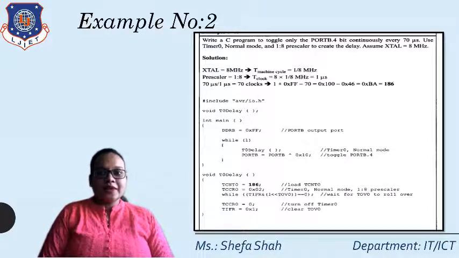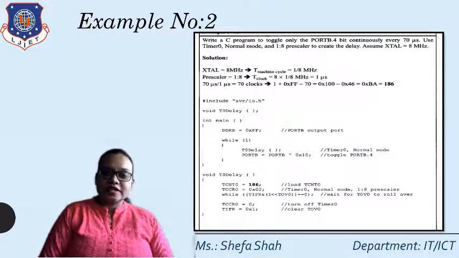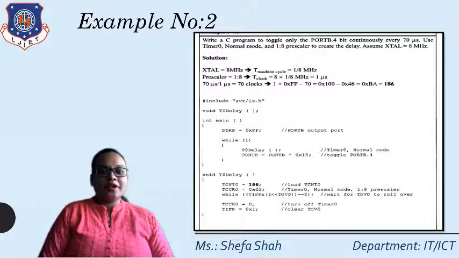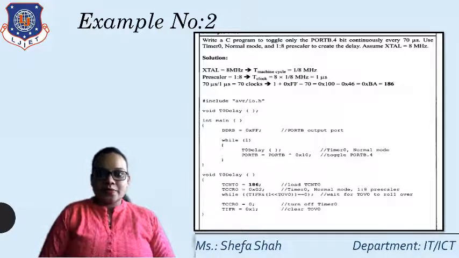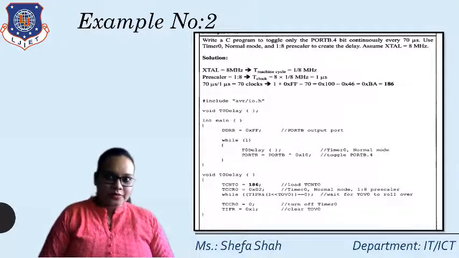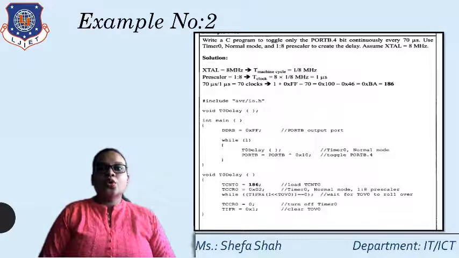And that 70 will be subtracted from 256. The value we obtain is 186, and 186 in hexadecimal is 0xBA. So we will load the TCNT0 register with 0xBA, or 186 in decimal. Now we need to load TCCR0.